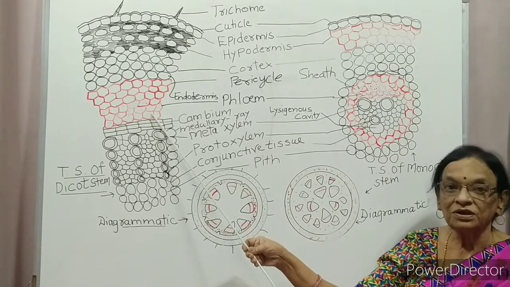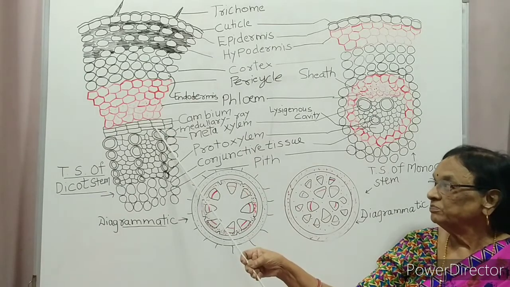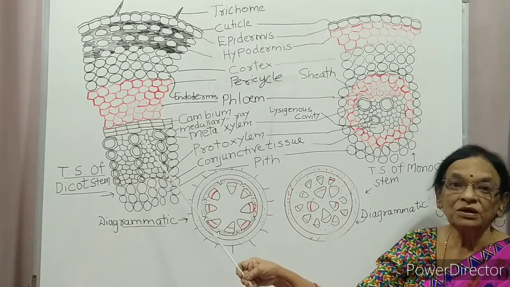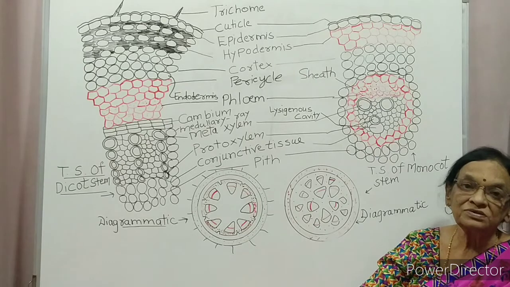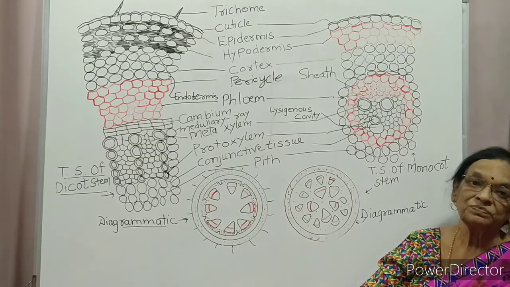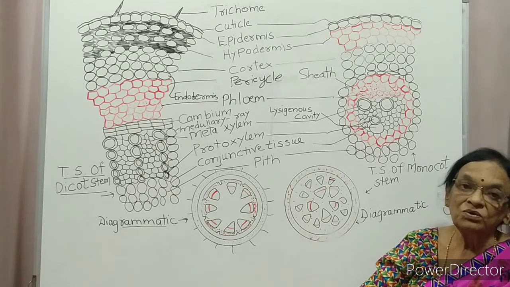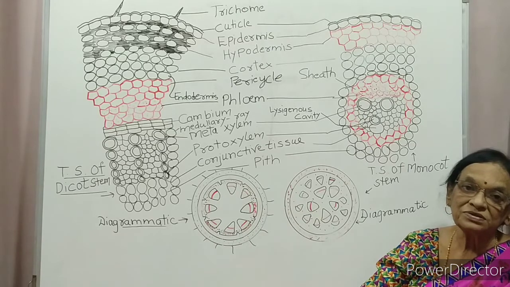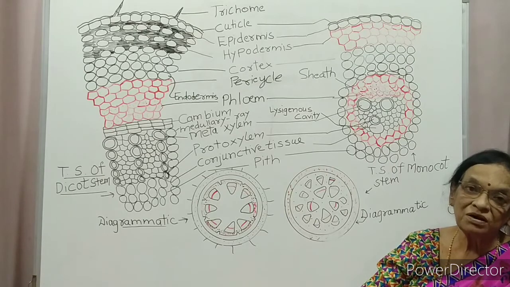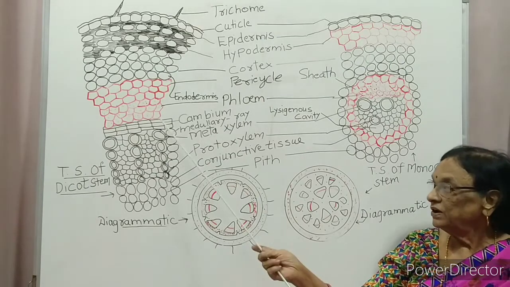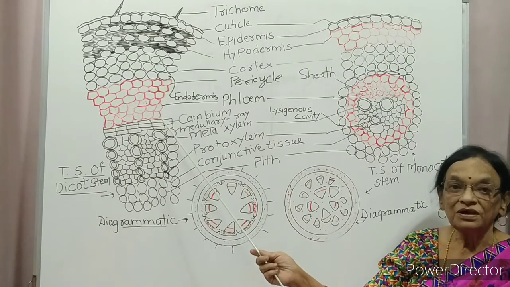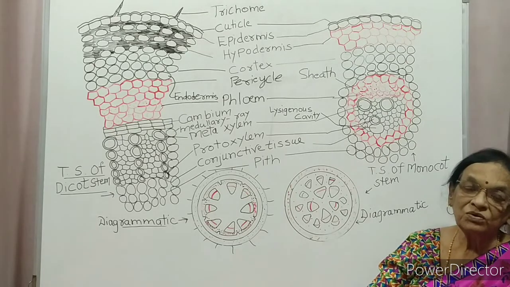In between phloem and xylem is cambium. You have studied that cambium is a secondary meristem. This cambium is responsible for the thickness of the dicot stem. When we compare monocot stems like maize, bamboo, grasses with same-age stems of mango, banyan tree or peepal, you will find the dicot stems are thicker than the monocot.